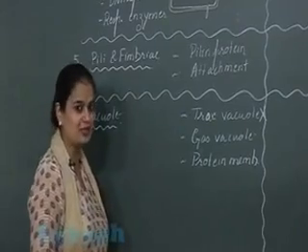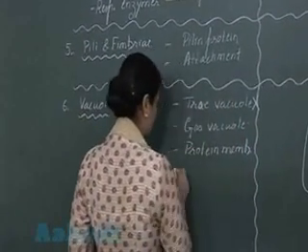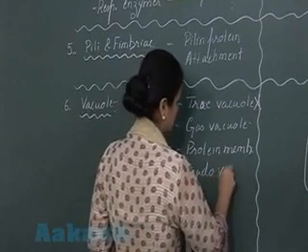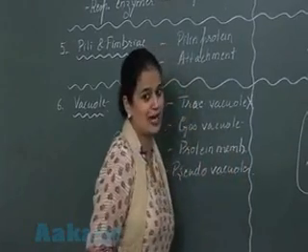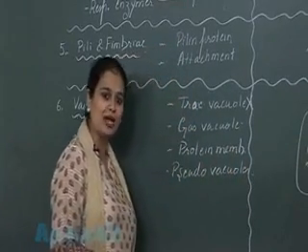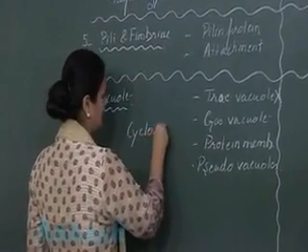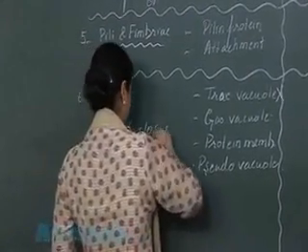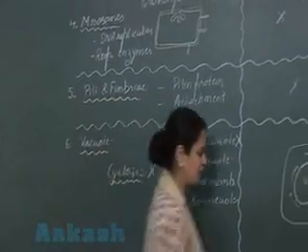That's why these vacuoles are not true vacuoles, or simply you can call them pseudo vacuoles, right? So gas vacuoles are pseudo vacuoles, and in the case of the prokaryotic cell, cytoplasmic streaming is absent.